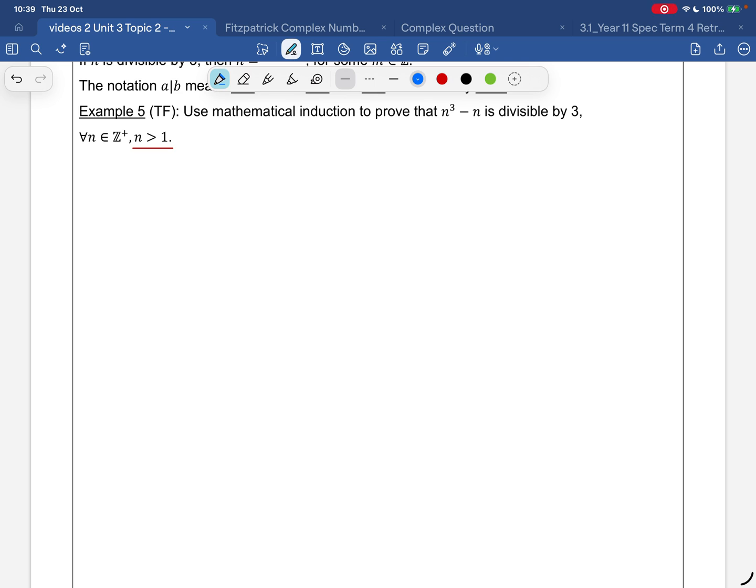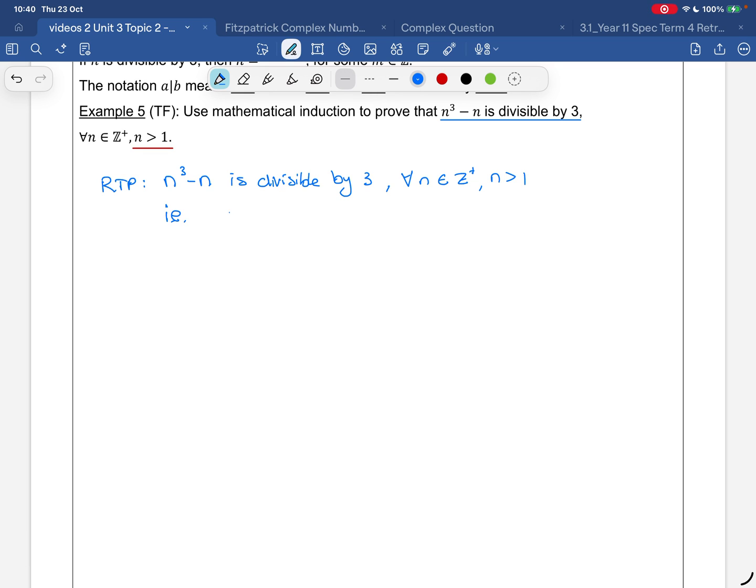And you also need to know what happens when we have to prove that something is divisible by another number. So what they're asking us to do is to prove that n cubed minus n is divisible by 3 for all positive integers n greater than 1. Now we need to translate that into something mathematical.